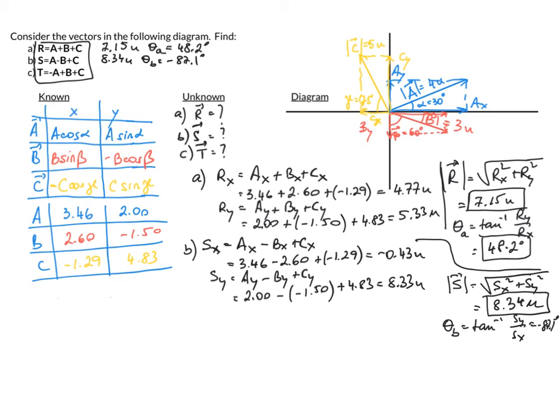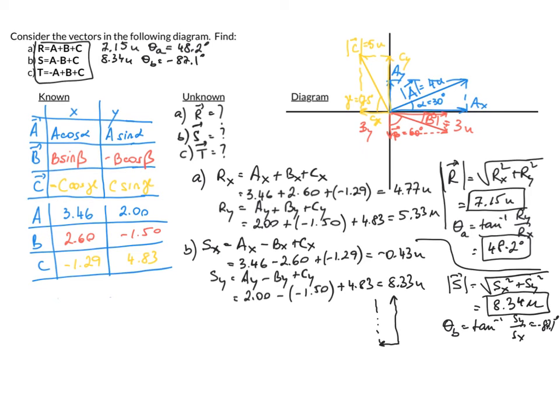All right, what does that negative 87.1 degrees mean? Let's draw, just like we did before, the x and y components of this vector. So the x component is negative, it goes like that. The y component is positive, and it's much larger.